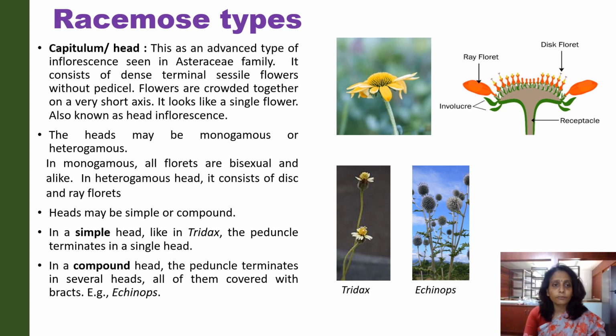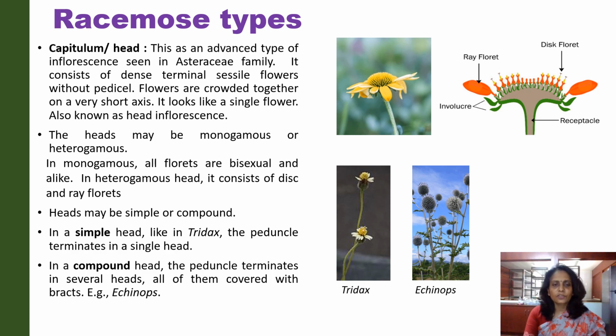It looks like a single flower. It is also called head inflorescence. The heads may be homogamous or heterogamous. In a homogamous head, all florets are bisexual and alike. In a heterogamous head, it comprises disc florets and ray florets.